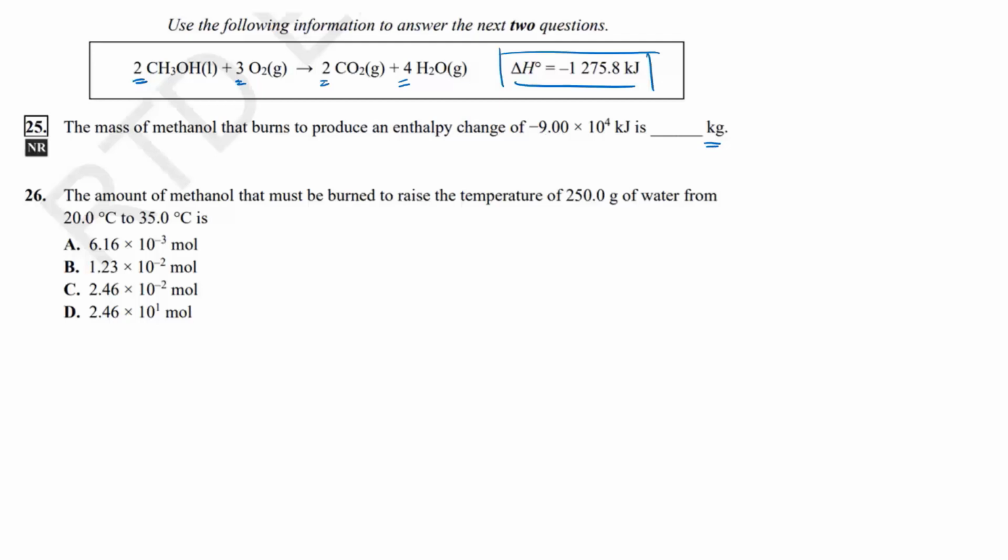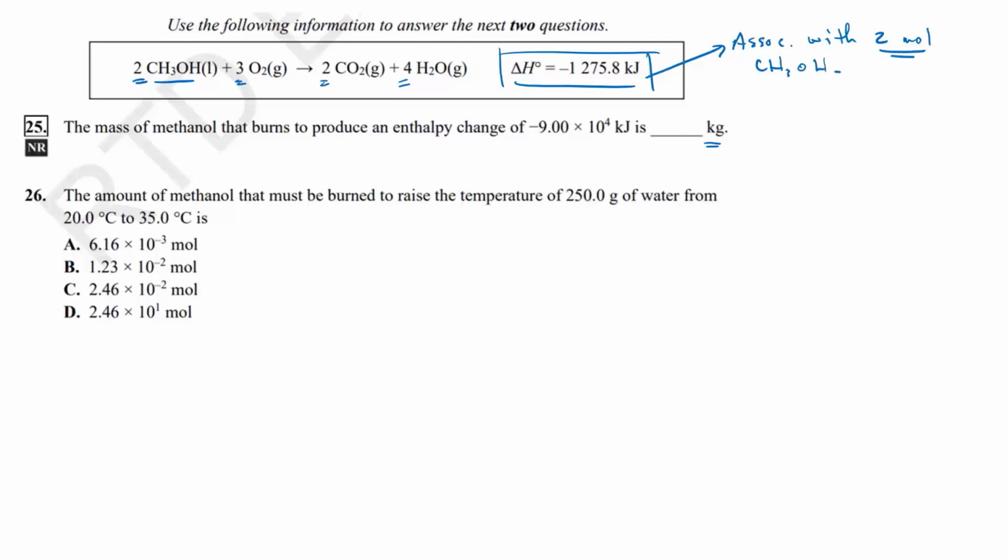All right, first things first. We have a delta H value that's associated with the chemical reaction given their balancing coefficients. What we should notice is that this delta H naught value is associated with 2 moles of methanol, CH3OH.